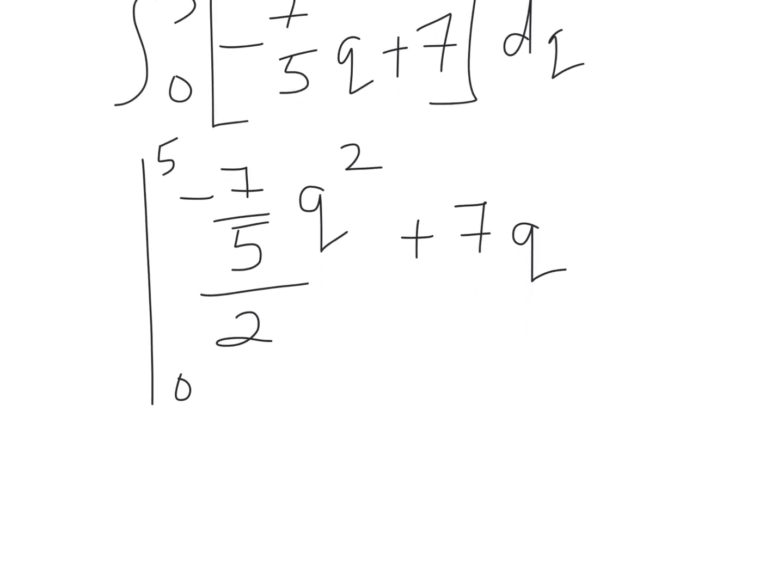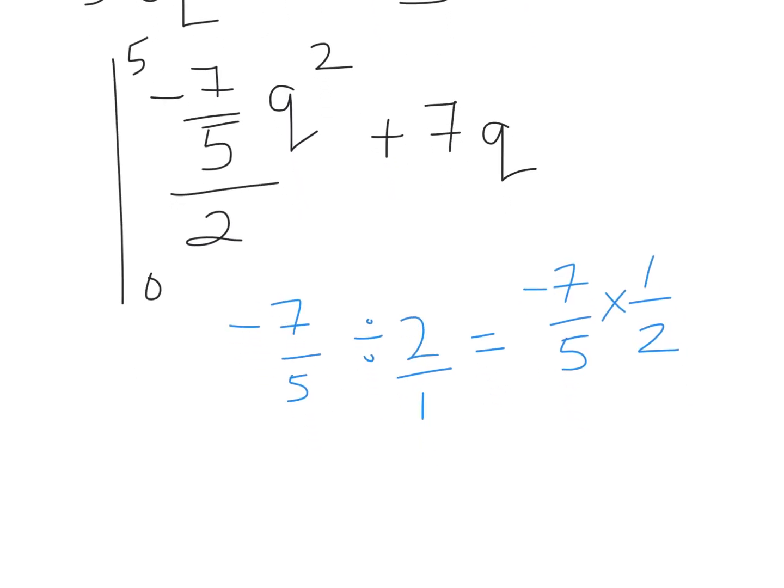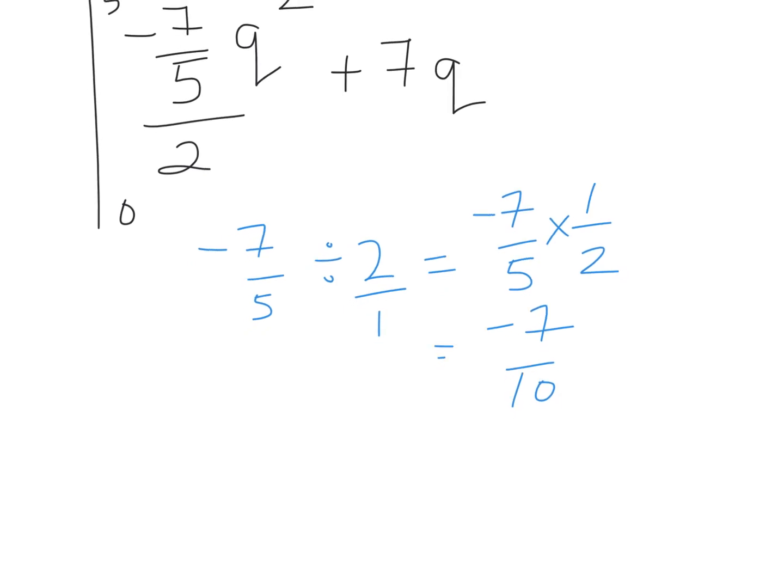So again, as an aside, we have minus 7/5 divided by 2 over 1, which is the same as minus 7/5 times 1/2. So we have minus 7 over 10. If you're sitting there going, I don't know how she does this fraction thing, don't worry, on the final exam, decimals, okay?